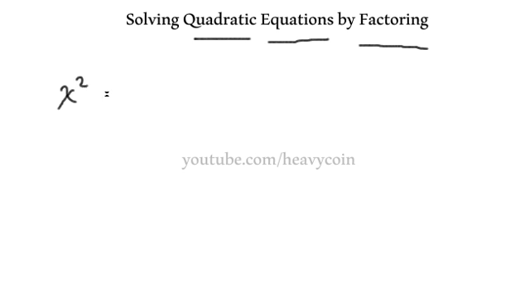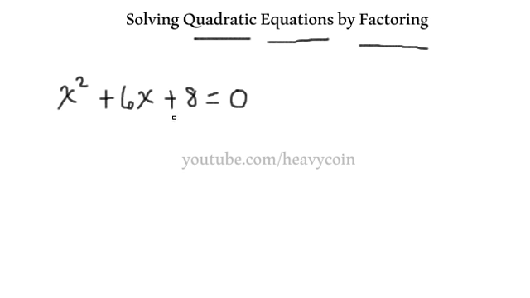Okay? And here's an example: x squared plus 6x plus 8. Here's where the equation is. We throw in an equal sign, is equal to 0. What we're going to do here is find the solutions to this equation.